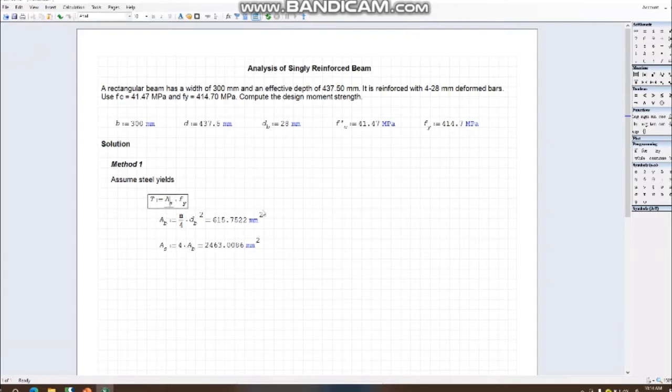Then finally, we can compute our T. Since it is a tensile force, its unit is in kilonewtons. We now have the tension force in the steel.